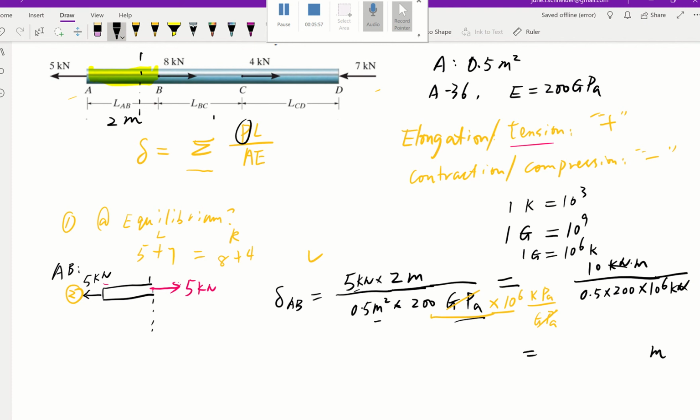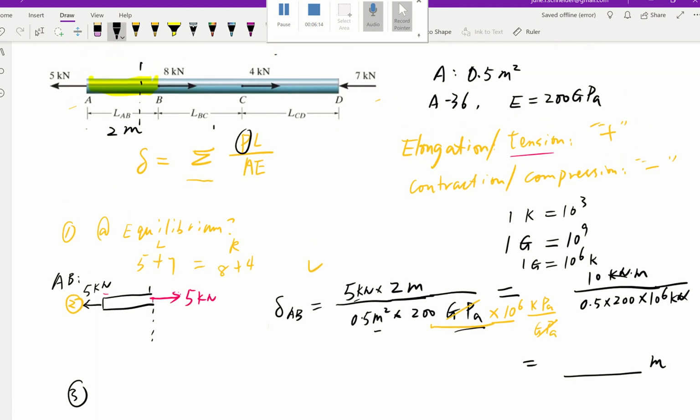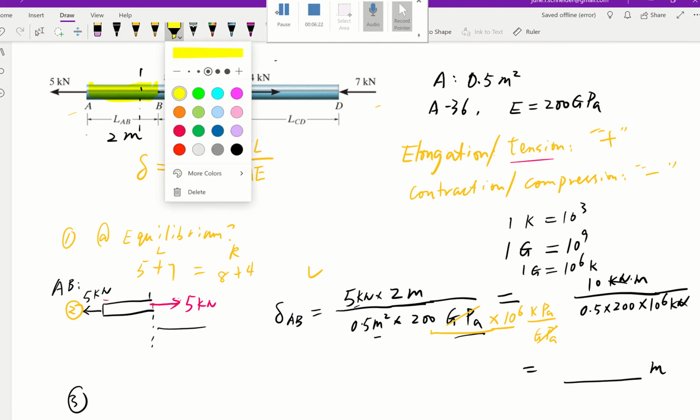Very small number, right? You can leave it alone and we can calculate at the end once we figure out the units. So now we've figured out AB, that's how much deformation happens in AB, and AB is subject to tension, 5 kilonewton.